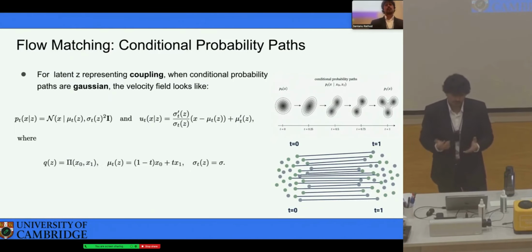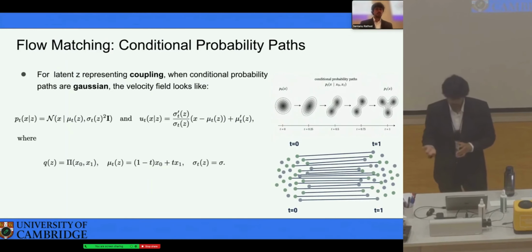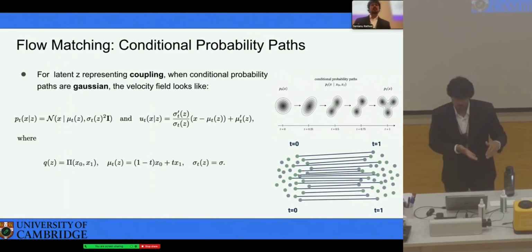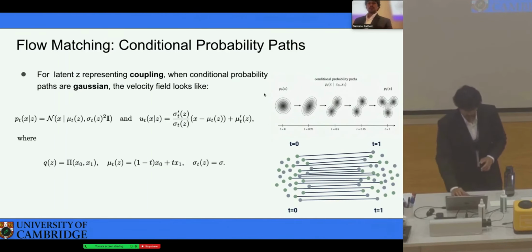And as we saw last time, in the case of you assuming that this transformation is a Gaussian transformation, and assuming that you are also using linear interpolants as your conditional probability paths, the nature of the conditional velocity field and the conditional probability paths looks as the following.